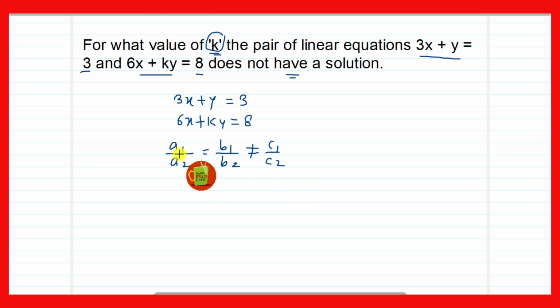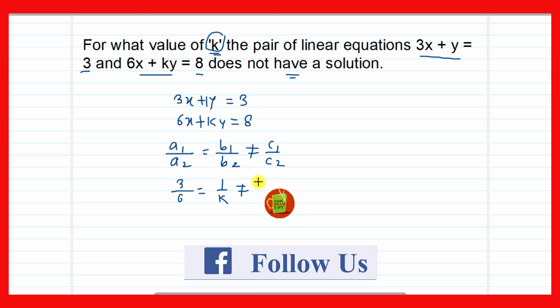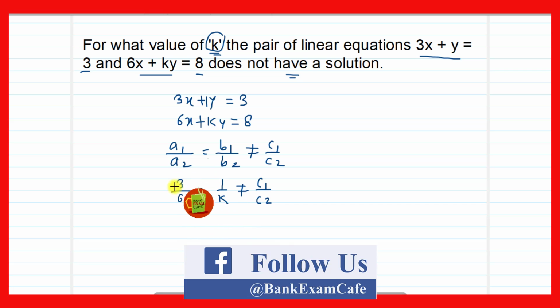So here a1 upon a2 will be 3 upon 6, which is equal to b1 upon b2. b1 is the coefficient of y. Here there is nothing, it means there is 1. So it will be 1 upon k, which is not equal to c1 upon c2. Now we will equate these two.